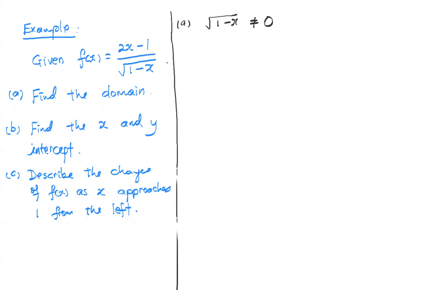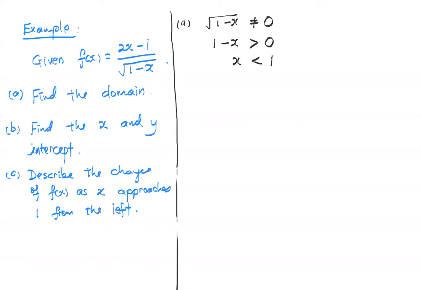So I will say 1 minus x must be greater than 0. They cannot be equal already, so now it must be greater than 0. Am I right? Because 1 minus x is inside the square root. So therefore, my x must be less than 1. Got it?